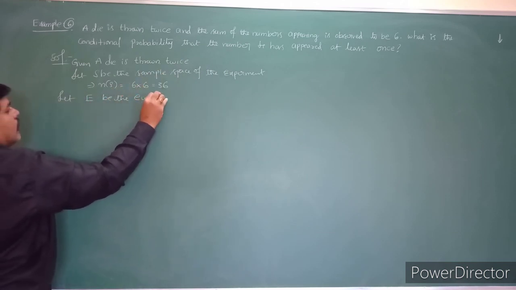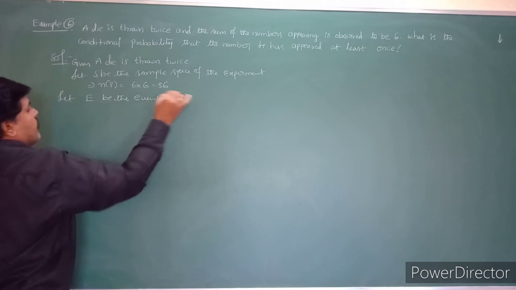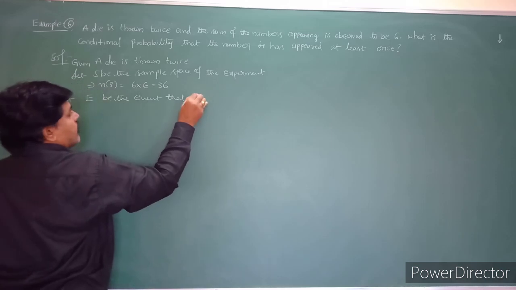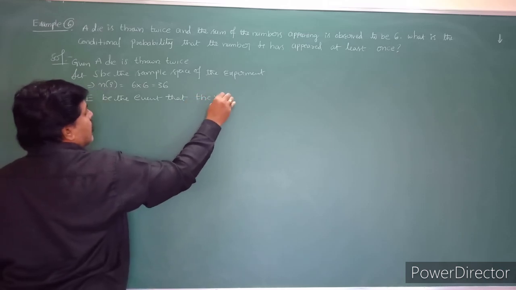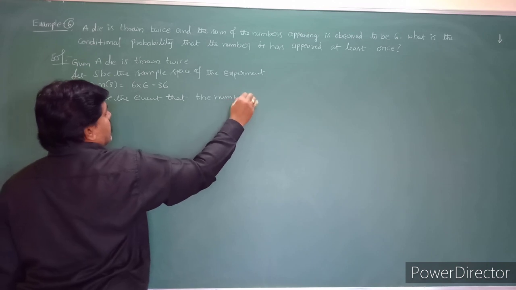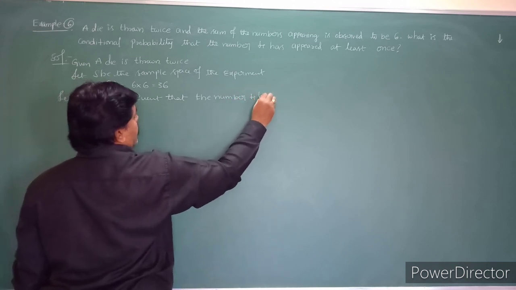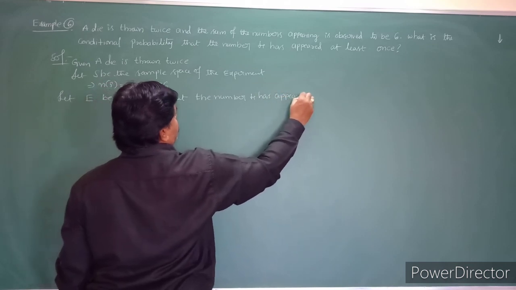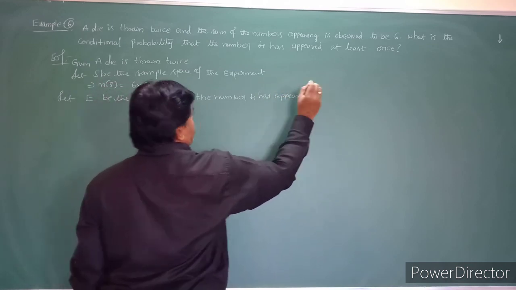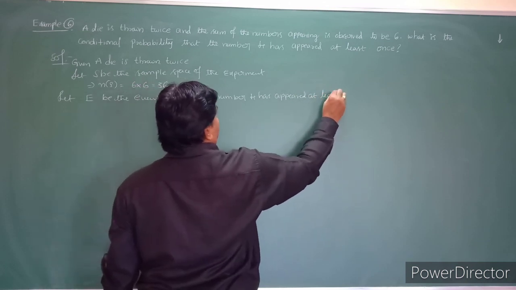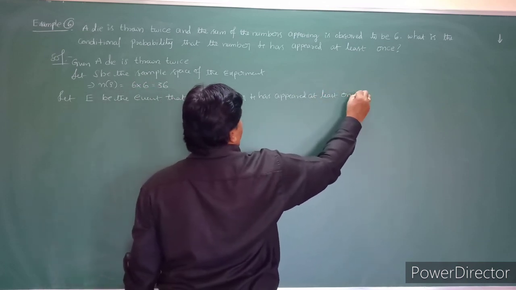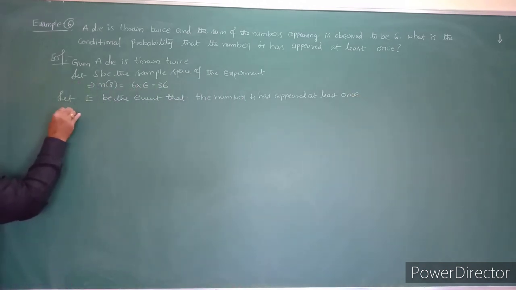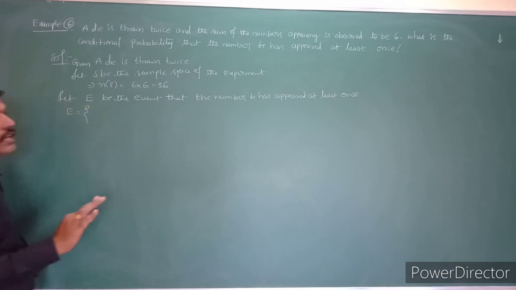that the number 4 has appeared at least once. What is the meaning of this? At least once means E is equal to, you have to get a 4 at least once.